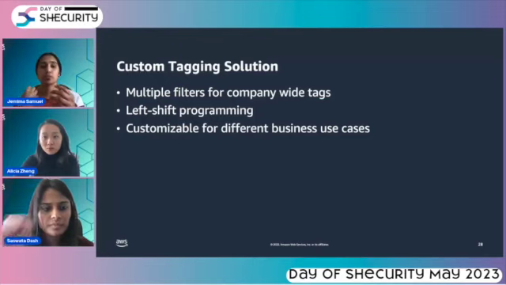So it is more straightforward and open to left shift programming, and the same solution can be customizable for different business use cases, and you can have an add-on to your existing parameters, which will help you to solve the tagging in your organization.